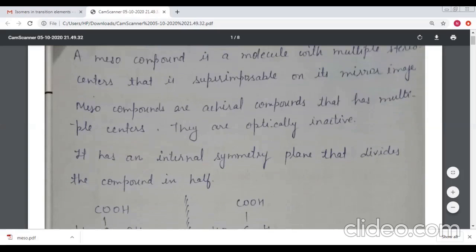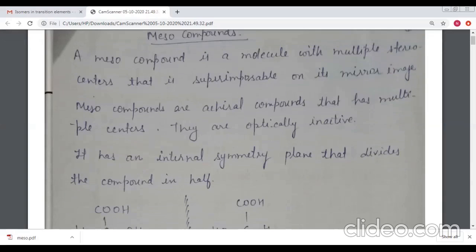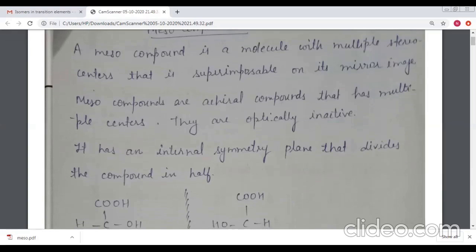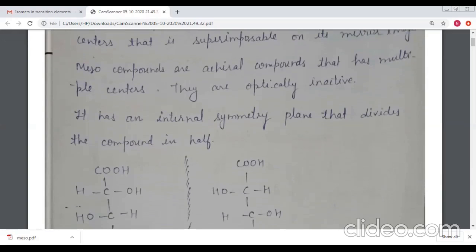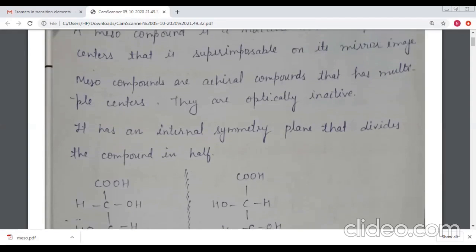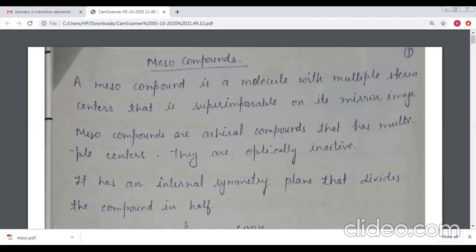That means there are two or more chiral centers, but the molecule is superimposable on its mirror image. The meso compounds are achiral compounds that have multiple chiral centers. They are optically inactive.